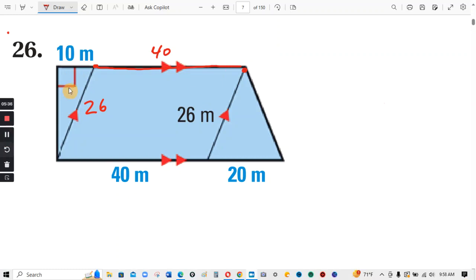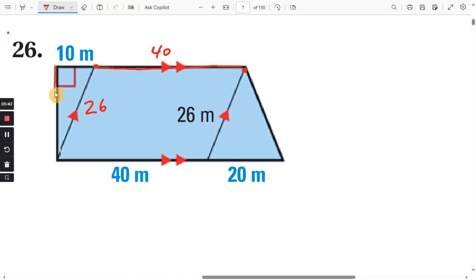Okay, we have a right triangle right here. We have two side lengths. You need this side right here. Okay, and that is going to be your height h. You want to use a squared plus b squared equals c squared. Okay, find the length h and then do 1/2 base times height.